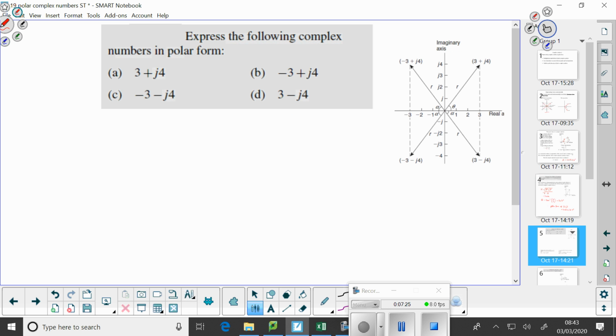So have a go at those ones. What you need to think about here carefully is that we're looking for the angle, positive or negative, from 0. So you need to think about what quadrant it's in, because when you find the angle for this over here, you're going to find that angle, but what you actually want is that angle in there.